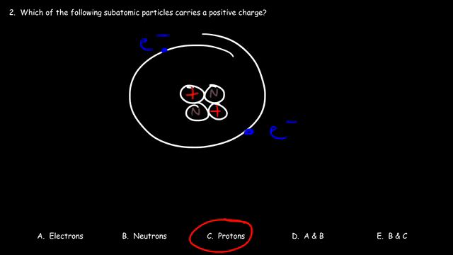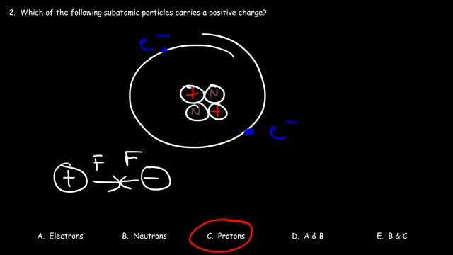Now perhaps you've taken physics and you know that opposite charges attract. So if you have a positive charge and a negative charge, there is an electrostatic force of attraction that accelerates them toward each other. So therefore the electrons are attracted to the nucleus. So why don't the electrons just fall into the nucleus? What keeps them in orbit around the nucleus?